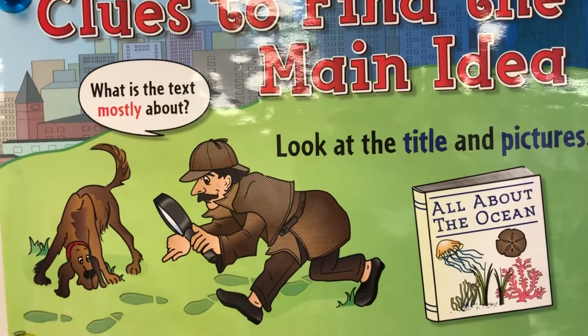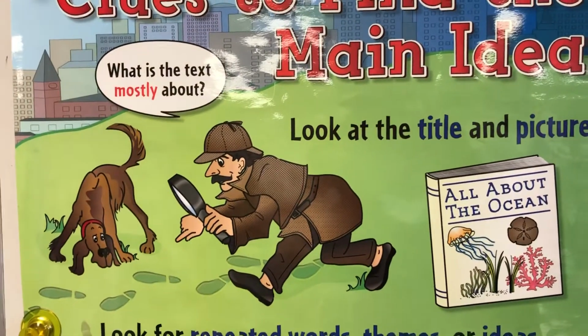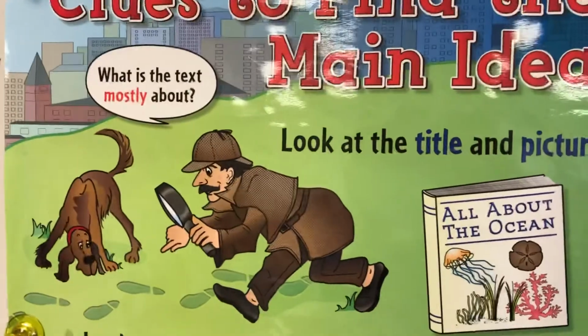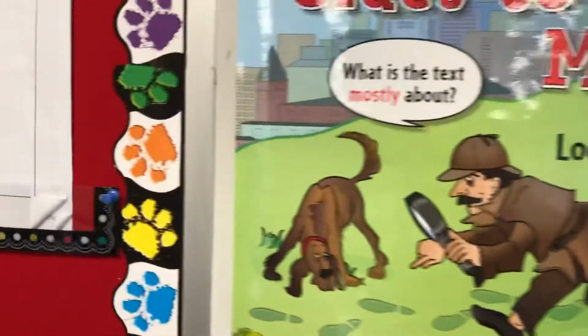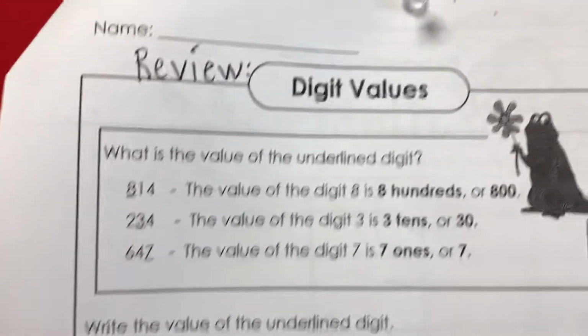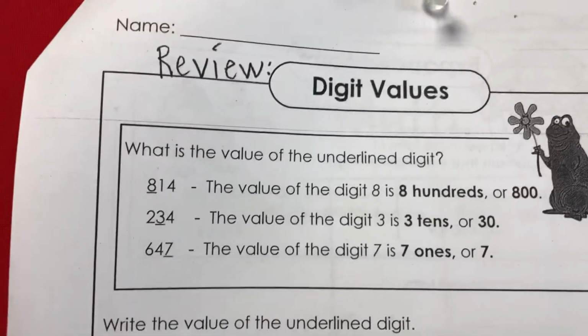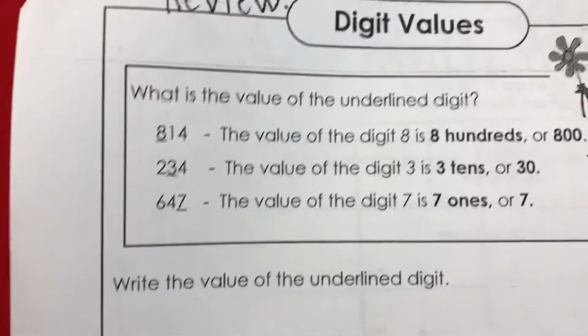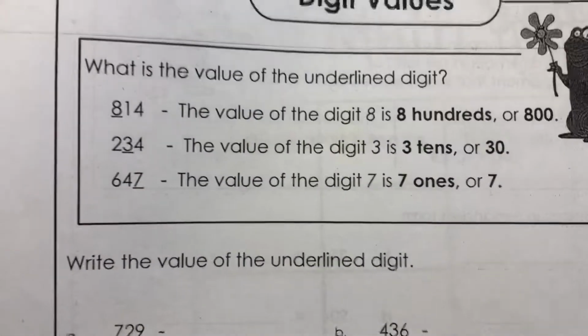Then you're going to complete a page in the daily math packet, and then we're going to do a review. Oh yeah, in math, and I know we're all ready for kind of a review. It was a kind of a heavy week for math, so this is great. Okay, we're going to work on page 16, and it's finding the value of the digits, and digits, of course, is numbers. So let's take a look here. What is the value of the underlined digit?